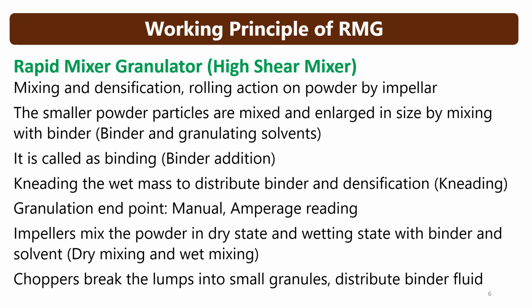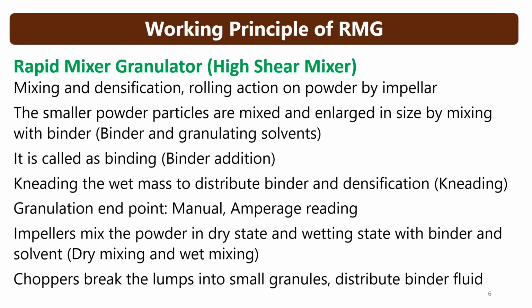Granulation endpoint, that means when you can say that now the granules are formed. So during research phase, the trial and error methods are used to understand the endpoint. Optimization trials are taken, and based on that, the endpoint can be determined.